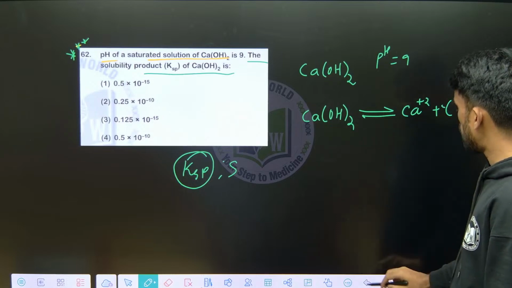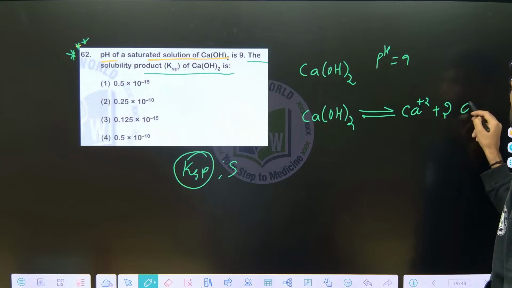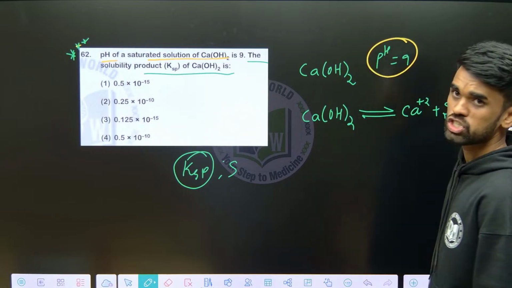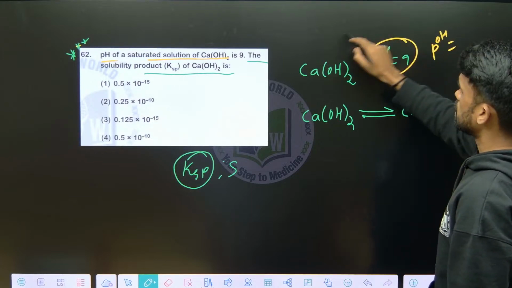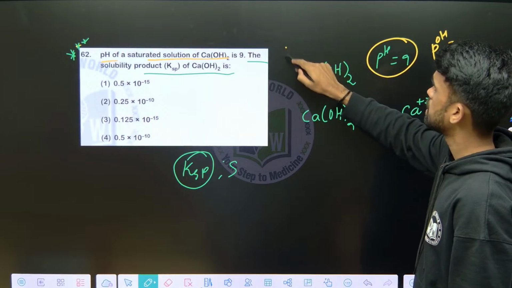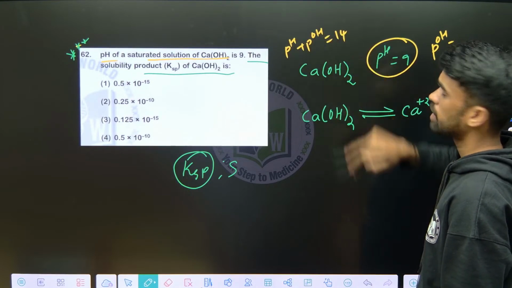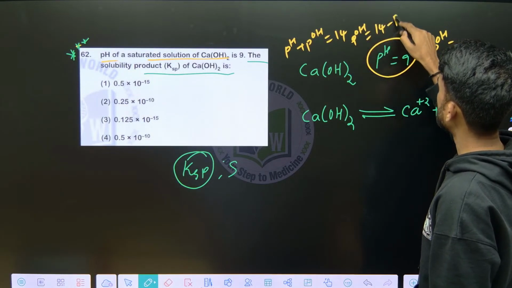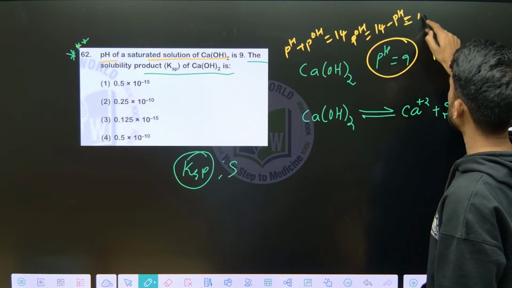How many OH ions will be liberated by this molecule? It will be 2 OH minus. Now if the pH is this much, what about pOH? At 25 degrees Celsius, pH plus pOH equals 14, right? Then pOH equals 14 minus pH, that is 14 minus 9 gives 5.